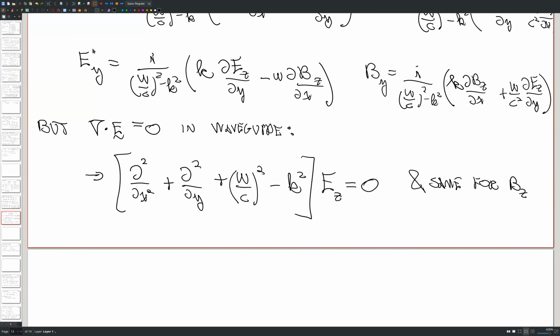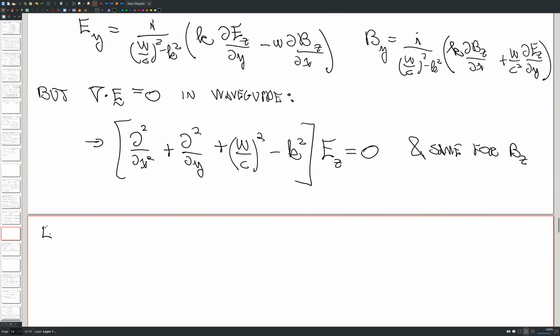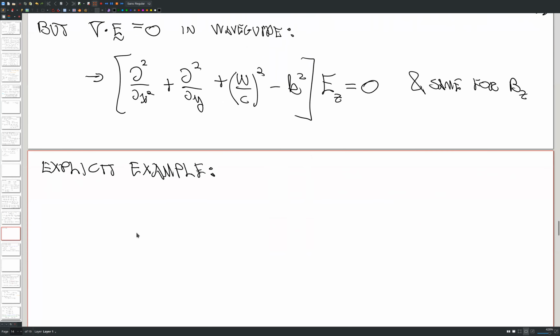Okay, so let's look at an explicit example. And this explicit example just goes back to the rectangular cross section that we had, and here we're going to say that there's a certain width.